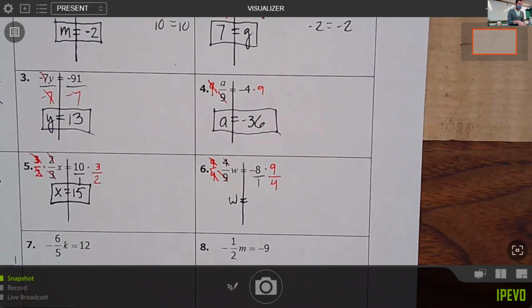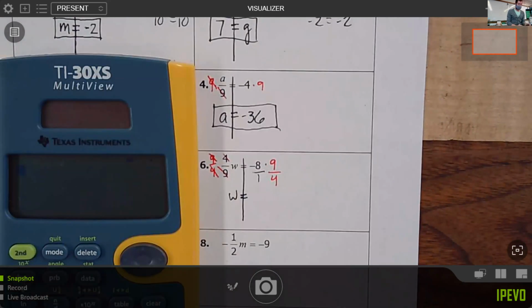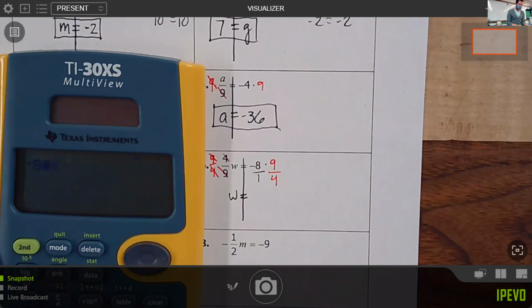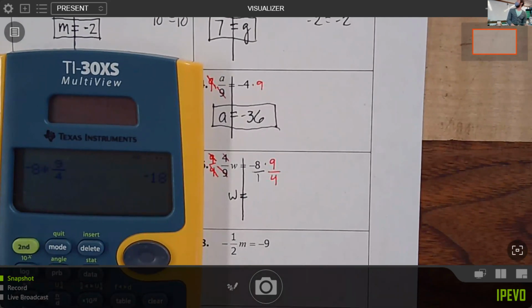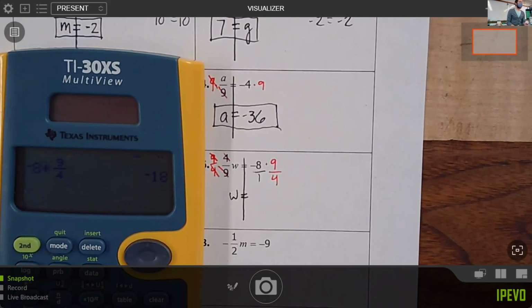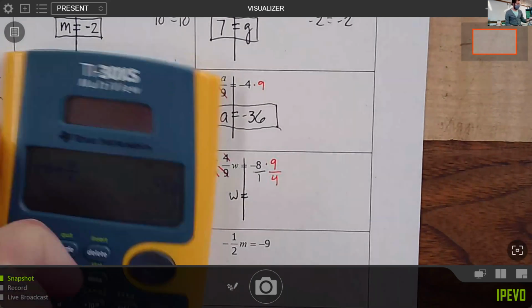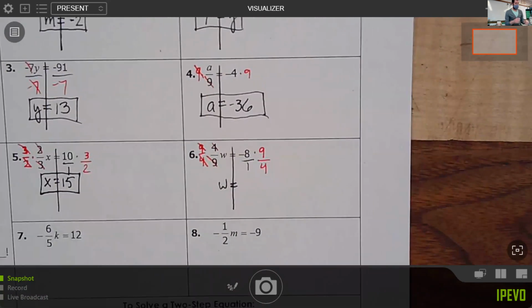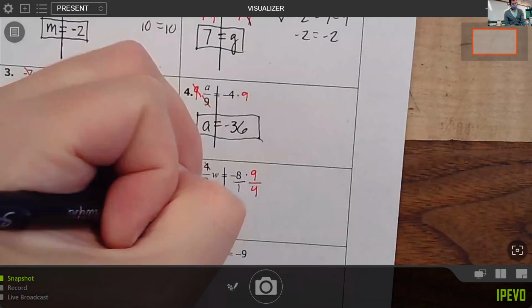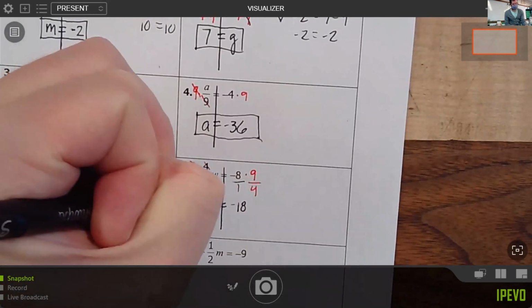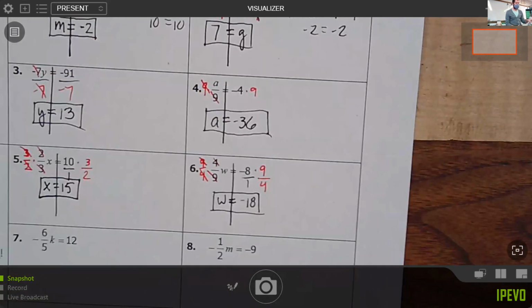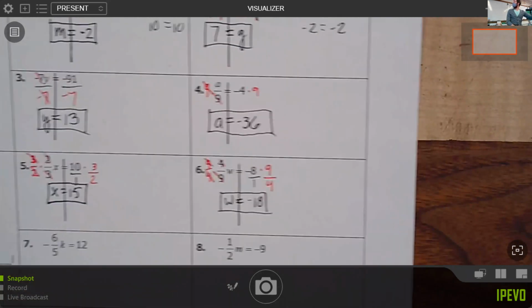And again, you're more than welcome to use a calculator for this. -18. That's our answer. So W is equal to -18 for number 6.